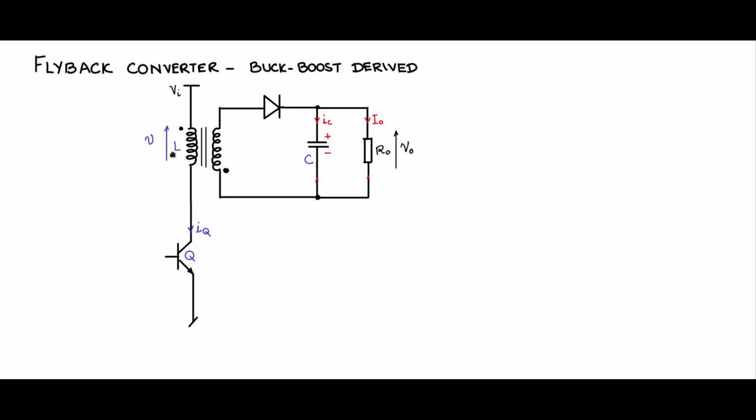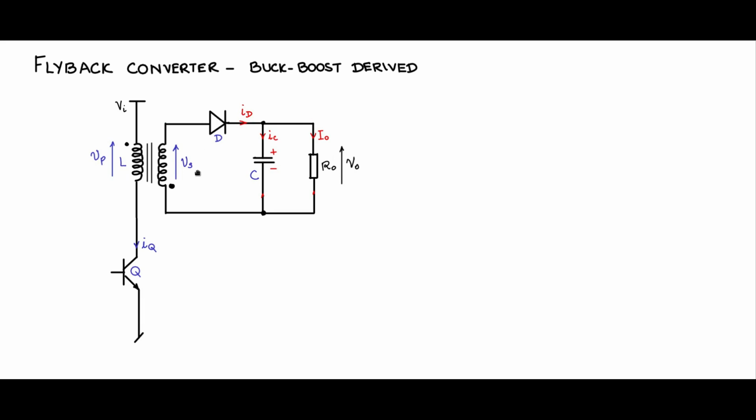This is the primary voltage Vp across the inductor measured in this fashion, and the secondary voltage Vs, this is D, and this is ID. Okay, we'll push it out, and then let us say that there is a turns ratio between the primary to the secondary as 1:n.